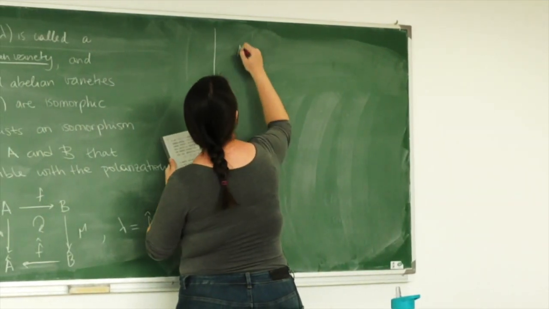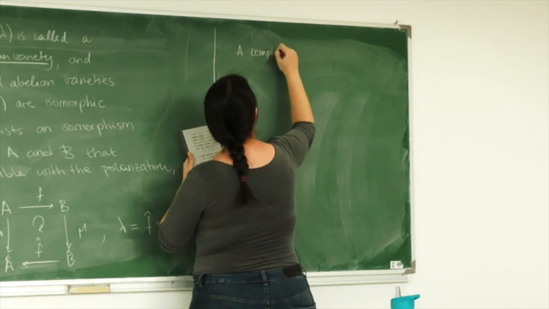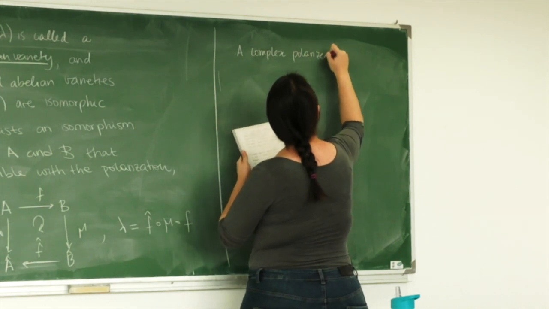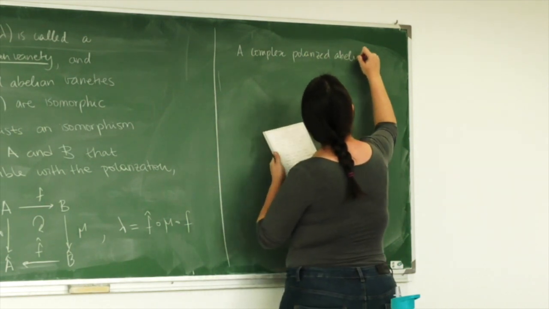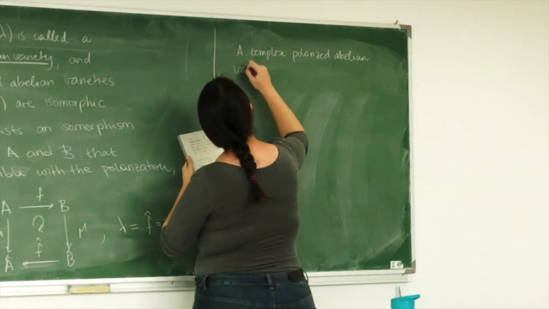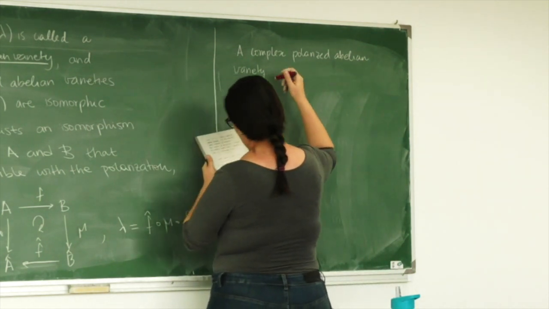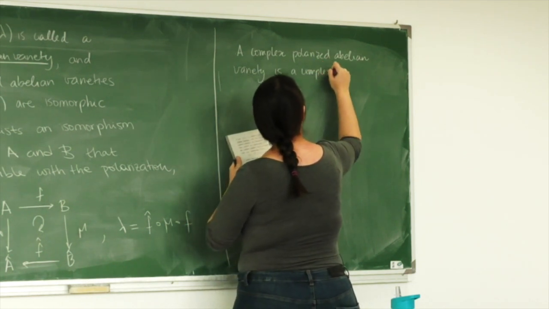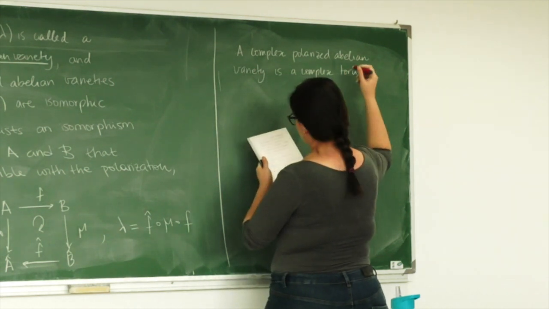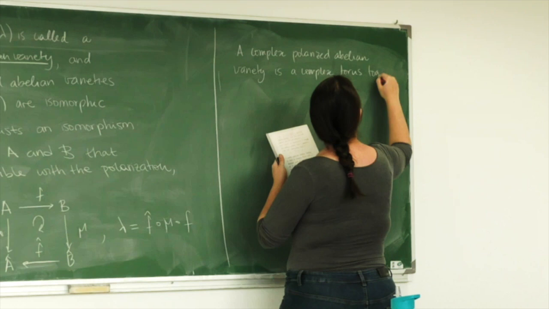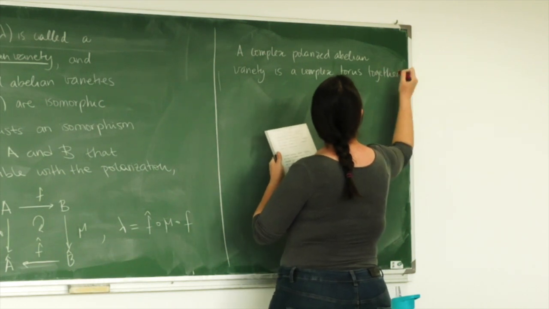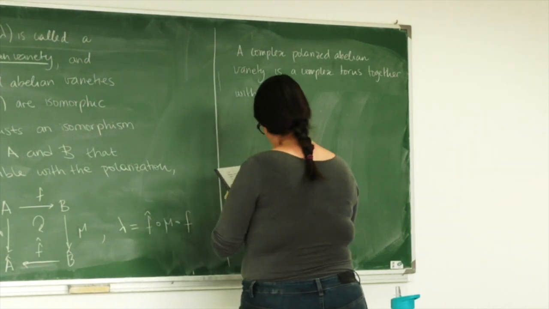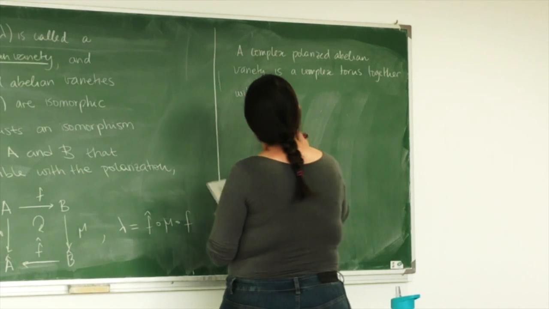A complex polarized abelian variety is a complex torus together with a Riemann form, as I announced at the beginning.